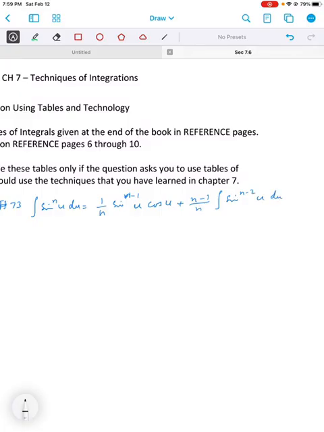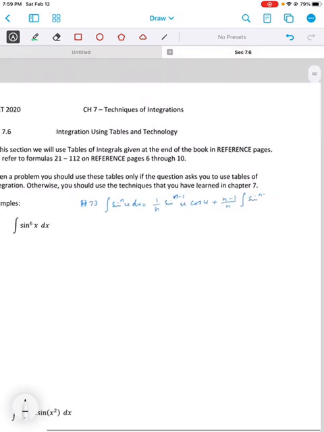So notice here we are using a formula, but we are not done in one step. We still have to keep going.